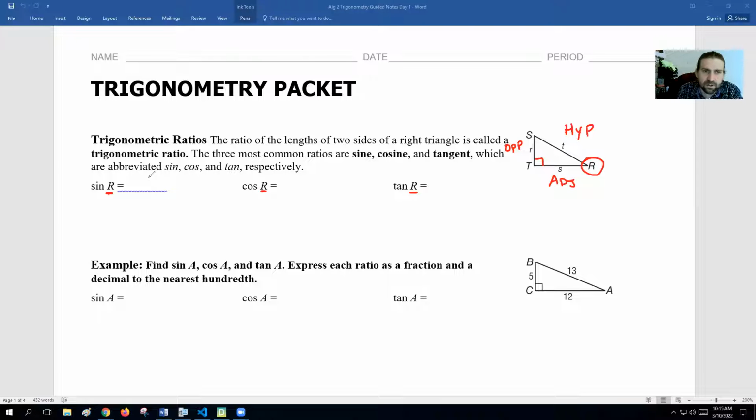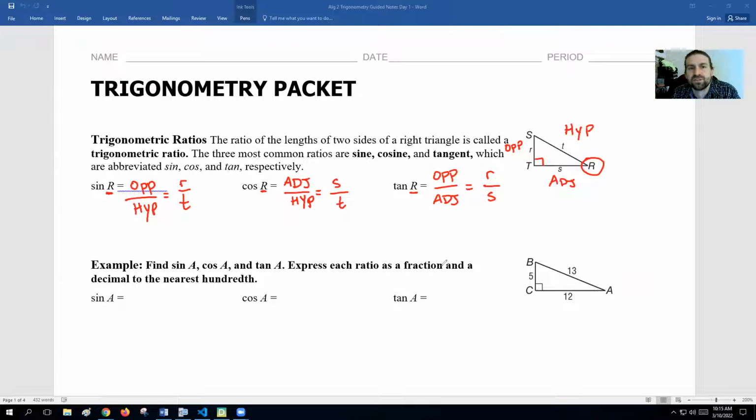So the ratio for sine is opposite over hypotenuse, which in this example is little r over little t. Cosine is adjacent over hypotenuse, which here is little s over little t. And tangent is opposite over adjacent, which would be little r over little s.